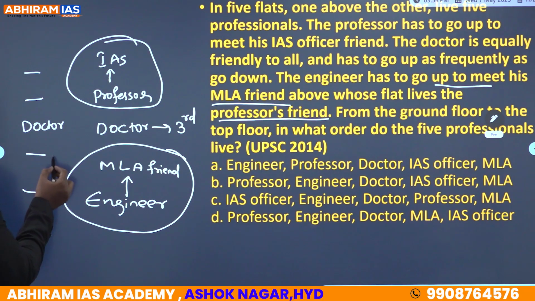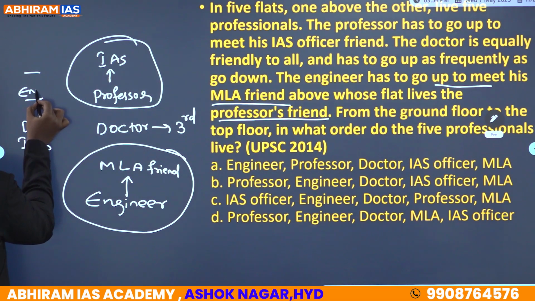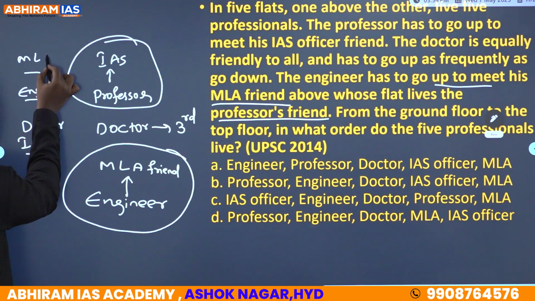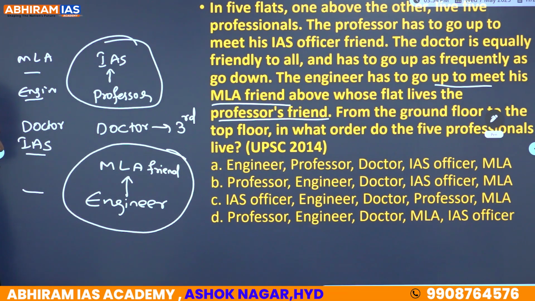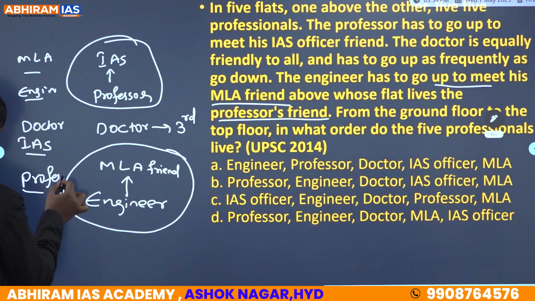So now see here students, the only chance left for me is IAS officer is here, engineer, MLA, right? Engineer, MLA, or else see here. And anyway, by default I can say that this is professor.